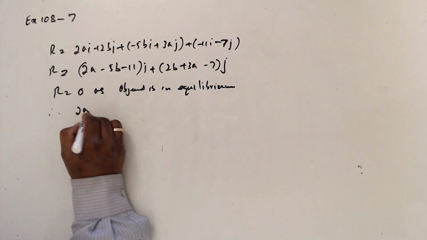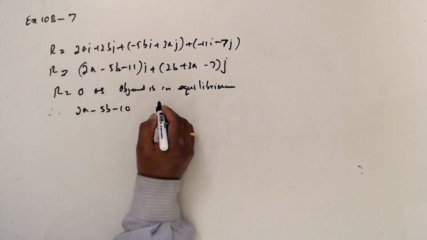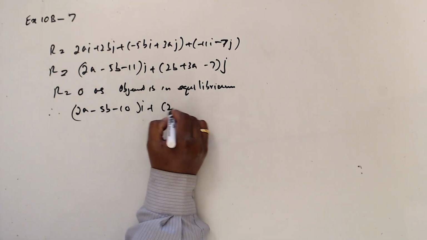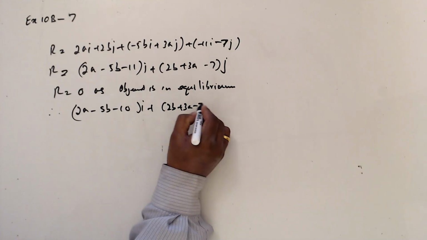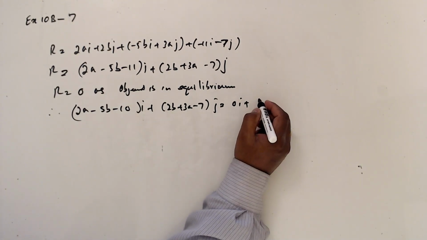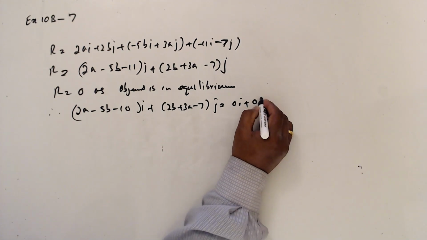Hence (2a minus 5b minus 11)i plus (2b plus 3a minus 7)j equals 0i plus 0j.